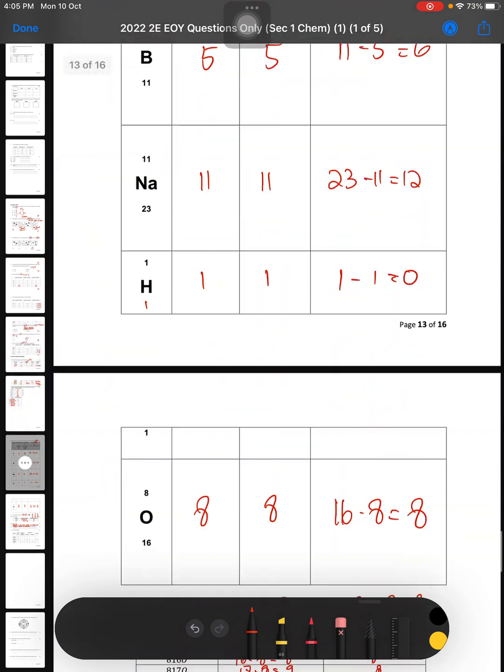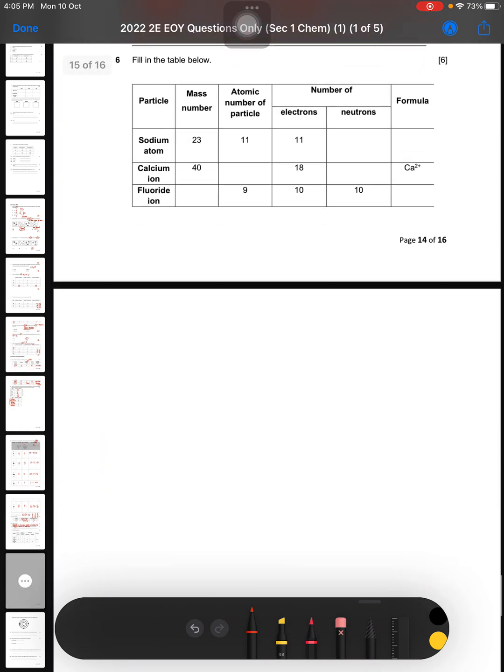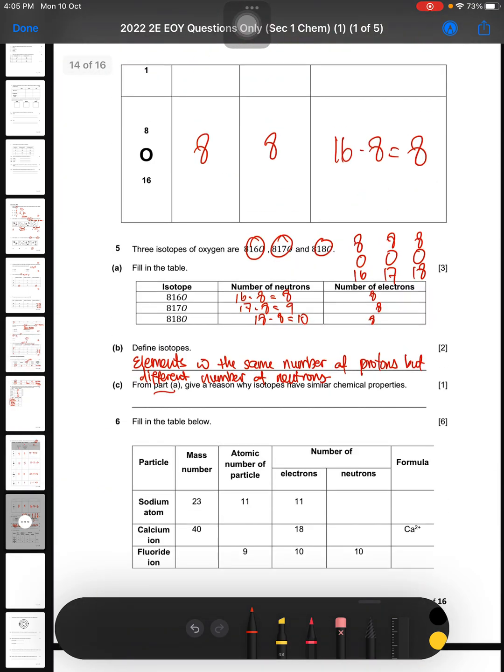So if you look at the isotopes again, they all have 8 electrons, right? So electronic configuration is all 2, 6. So what's the thing that you observe here? All right, they all have the same number of electrons.